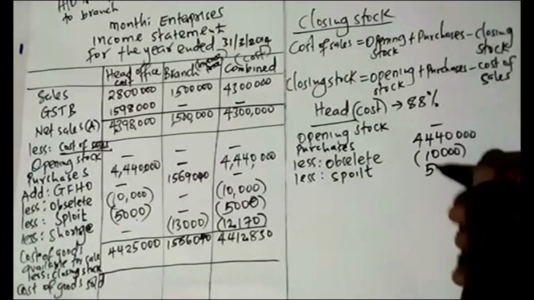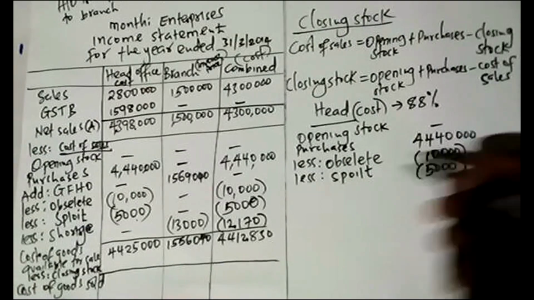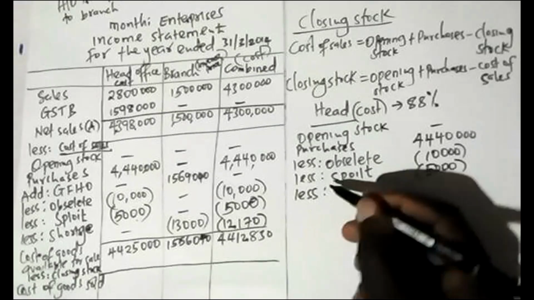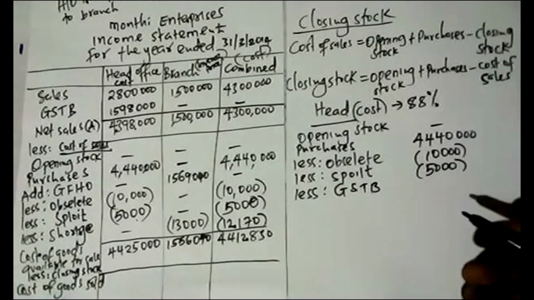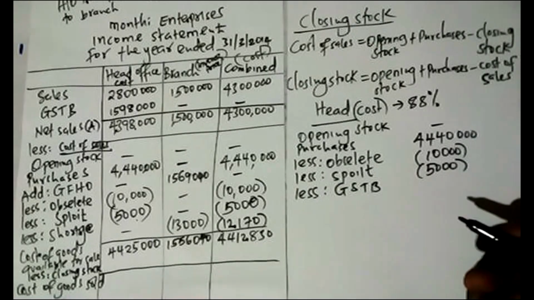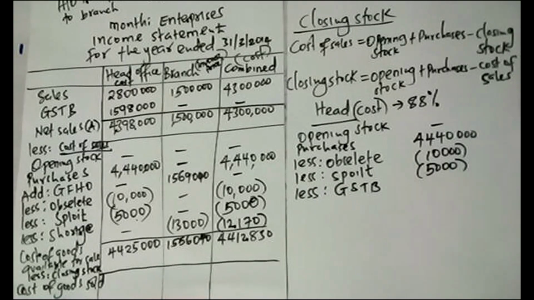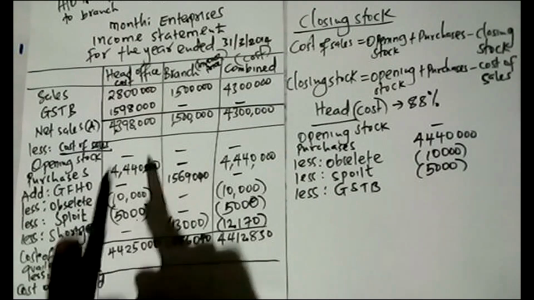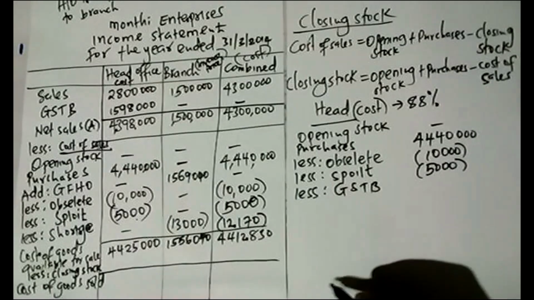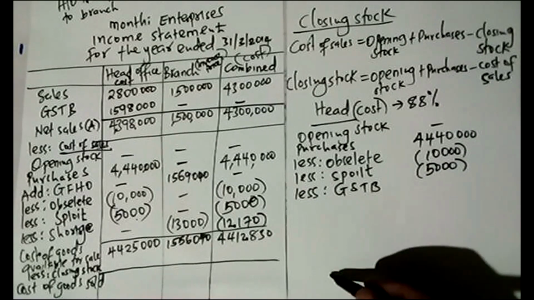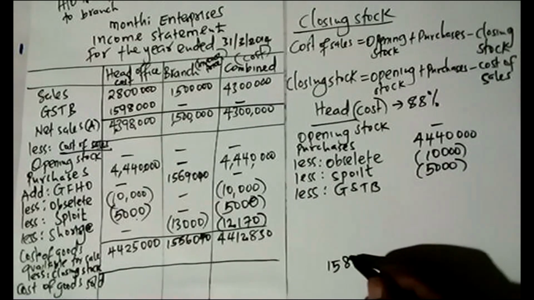Then that is 5,000. Again, remember that we have to raise the goods sent to branch, which were at 1,598,000.